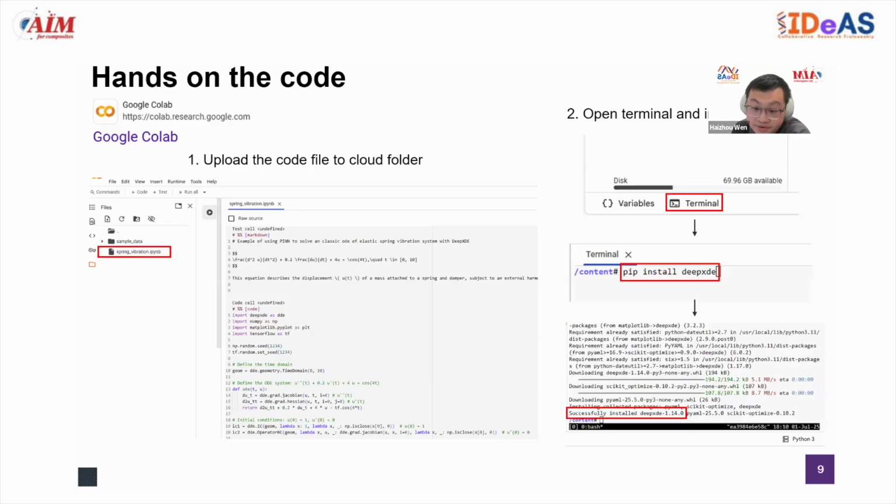So upload the Spring Vibration notebook file to the content folder, then open up the terminal panel at the bottom, and type in pip install deepxde to install the DeepXDE package. Once it's finished, you should see a successful notice there.